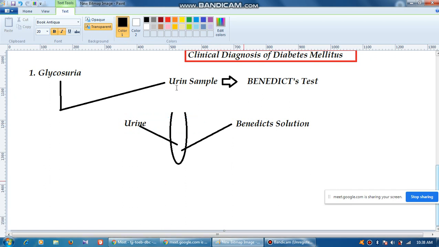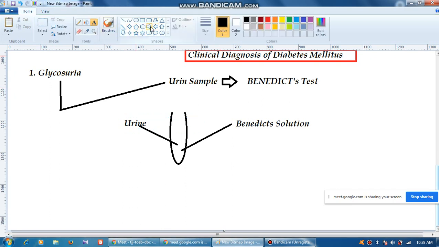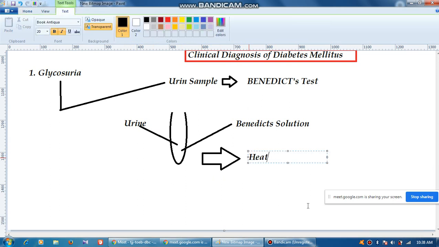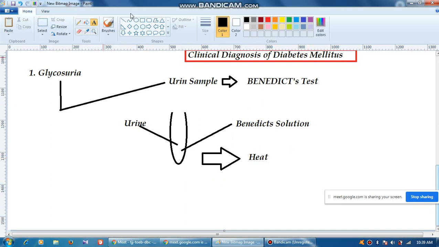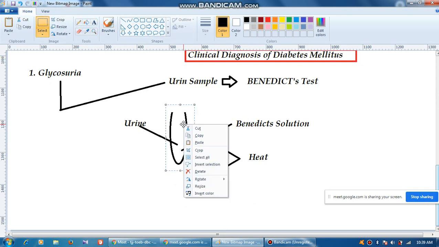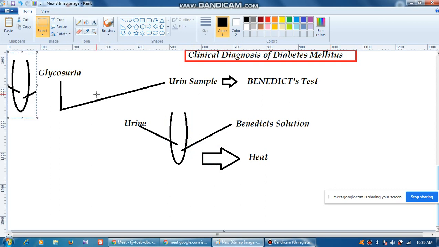Then you heat the solution. After heating, there will be a color change. So we shall see how exactly the color change takes place. Now this is colorless urine.